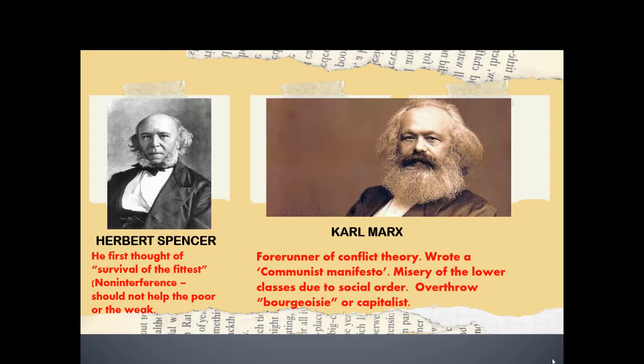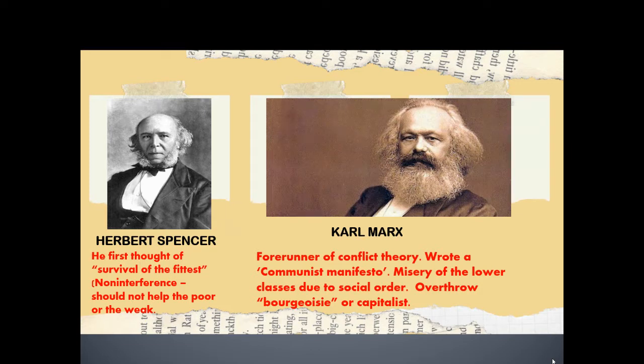Herbert Spencer first thought of the survival of the fittest, not even Darwin. Non-interference should not help the poor or the weak. Karl Marx, the very famous Karl Marx, forerunner of conflict theory, wrote the Communist Manifesto, on the misery of the lower classes due to social order, and the overthrow of the bourgeoisie or capitalists.